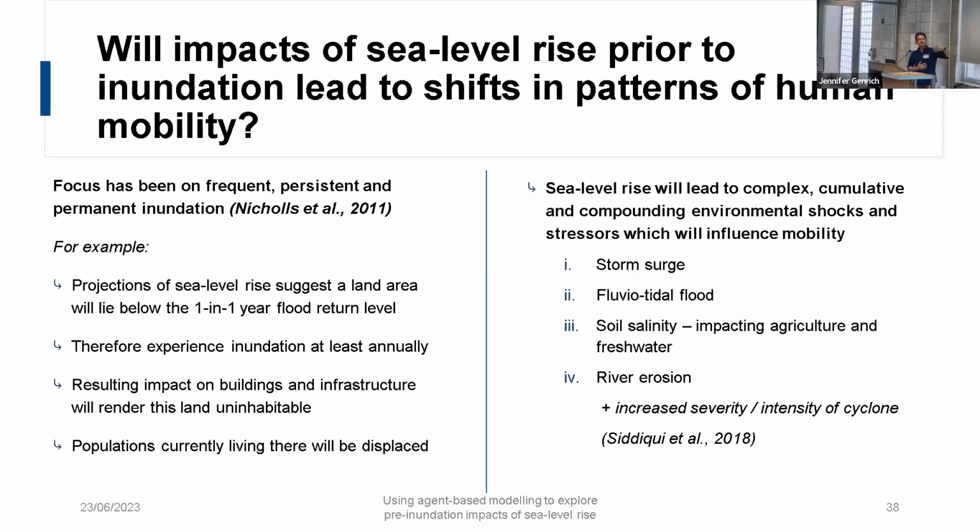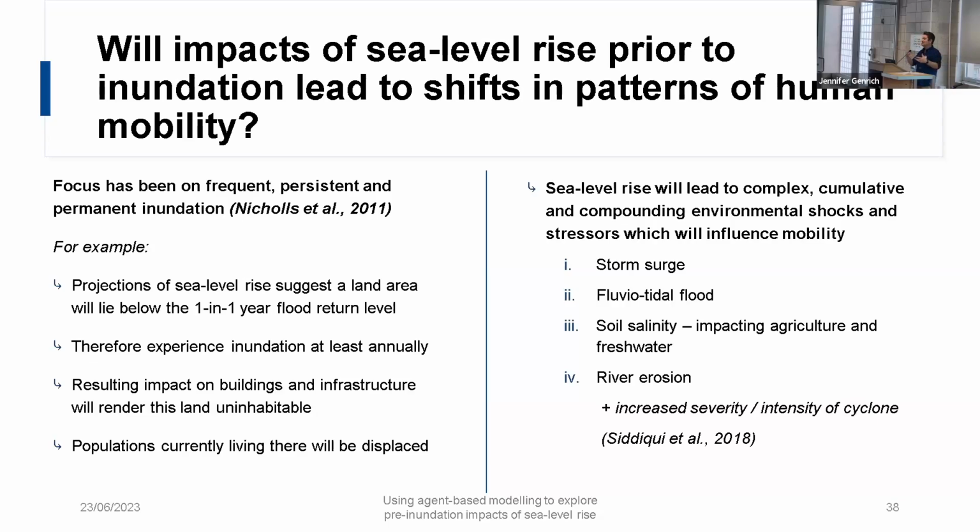The other side is that the way that people and households will experience sea level rise will be through a series of complex, cumulative and compounding environmental shocks and stresses. We're looking specifically at Bangladesh here, so I'm taking it from the literature around that subject: increase in storm surge, fluvio-tidal flood, soil salinity, which impacts livelihoods through loss of agricultural land and also affects habitability through lack of freshwater access, as well as river erosion.